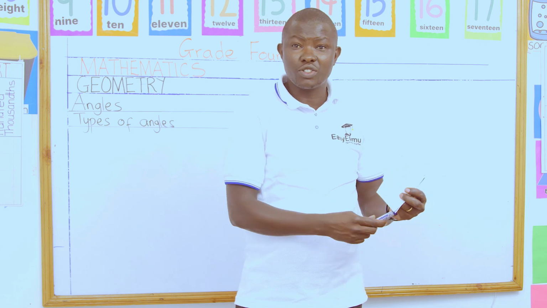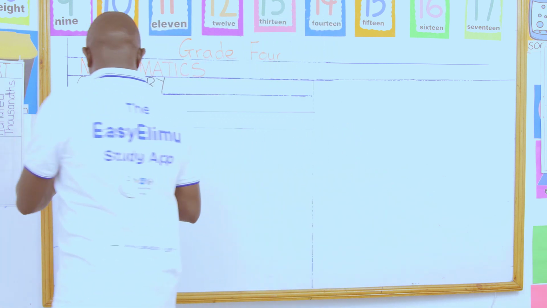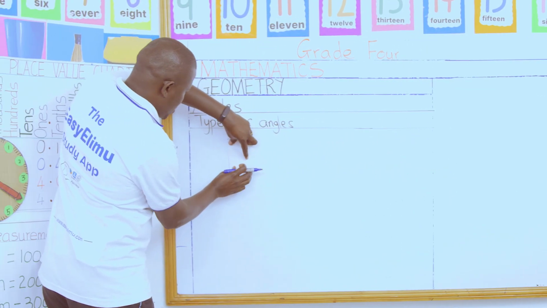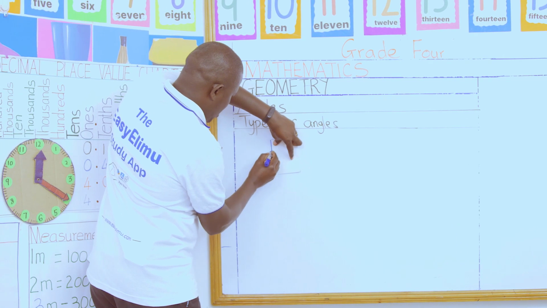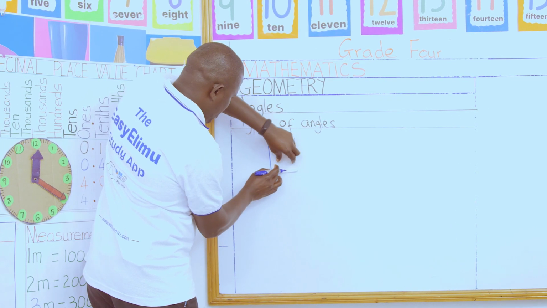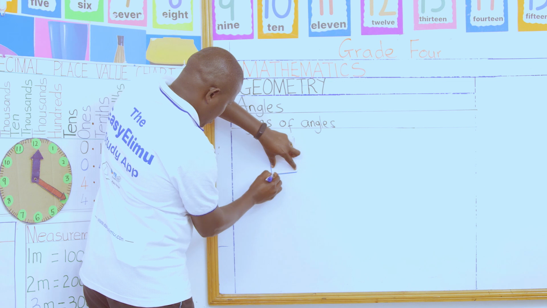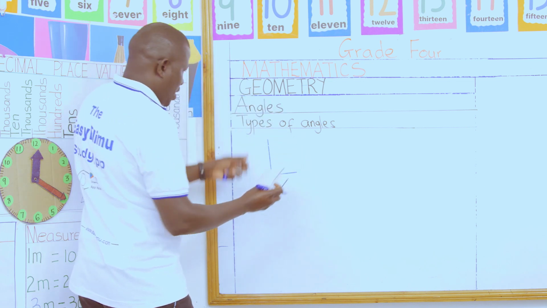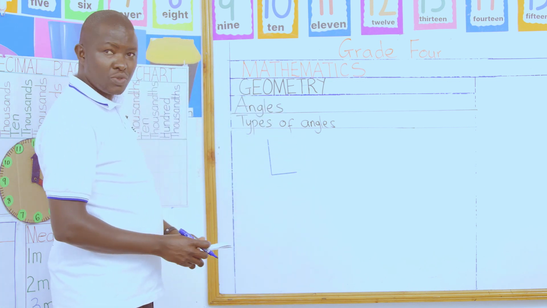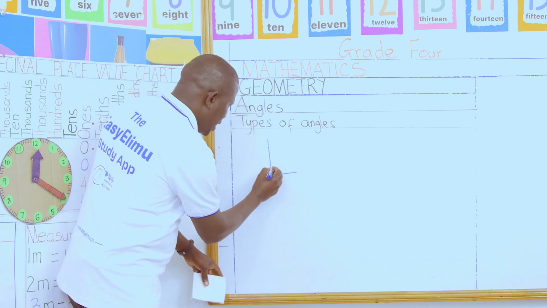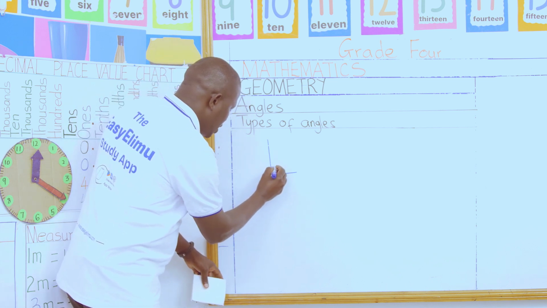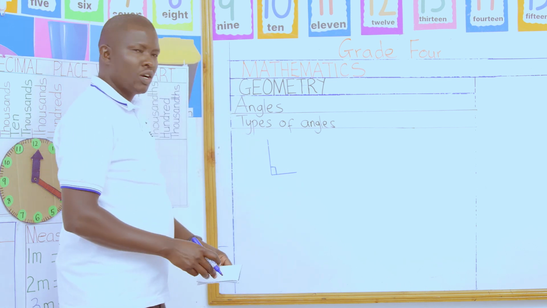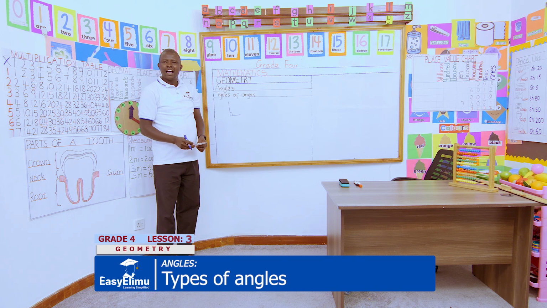Now, before we look at the types of angles, let me transfer this one on the board. That is what we had made. This angle formed here, we call it right angle.